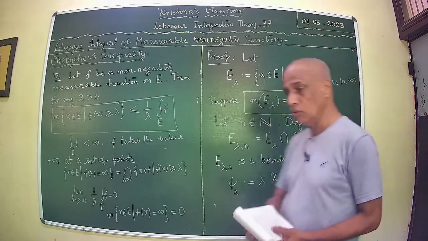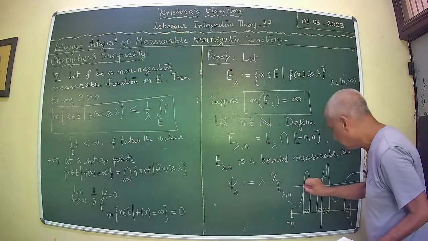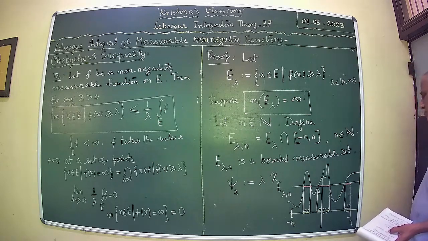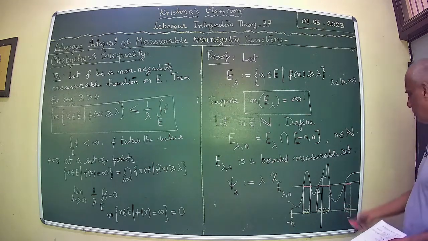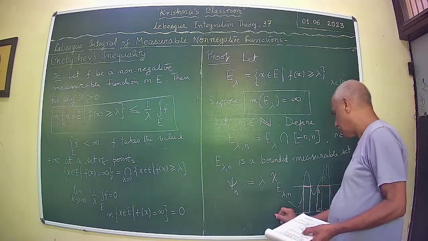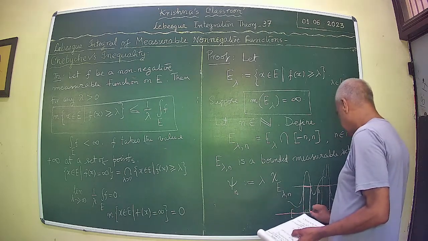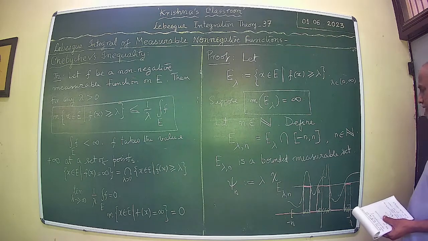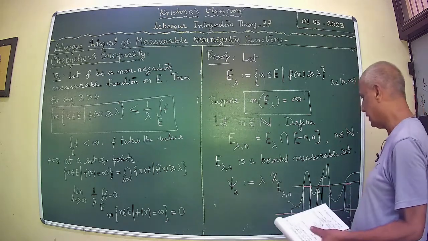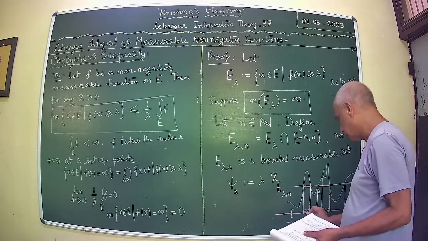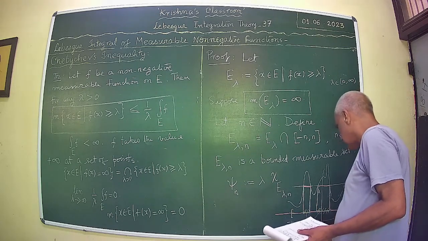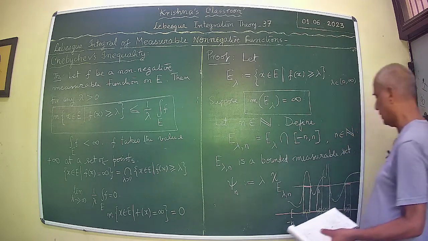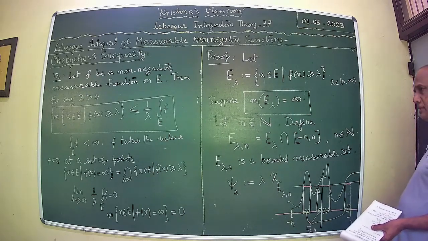So the function is identically 0 over here, 0 over here, and 0 beyond this, and it is equal to lambda on this part, E lambda n. Elsewhere it is set as 0.